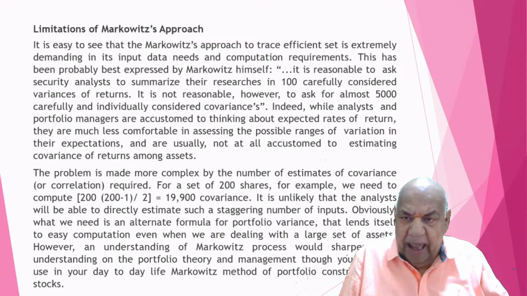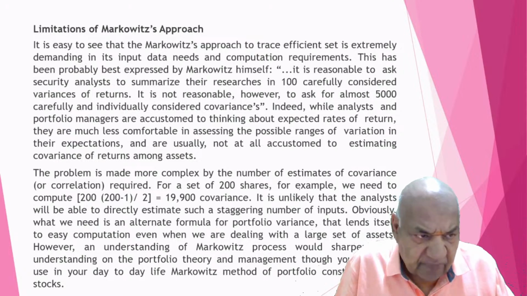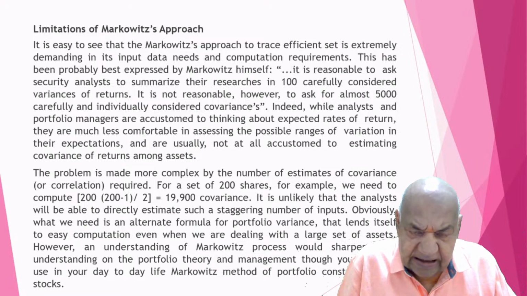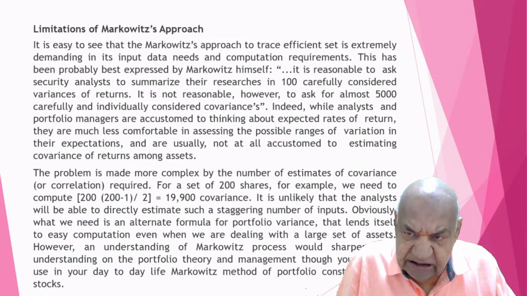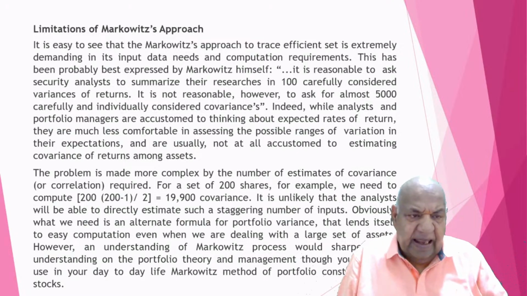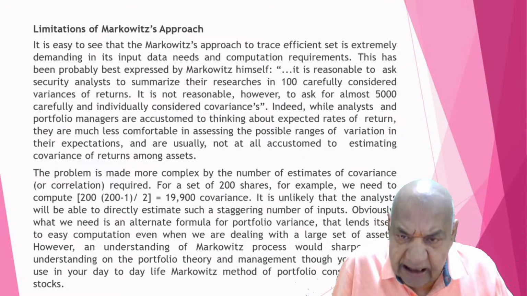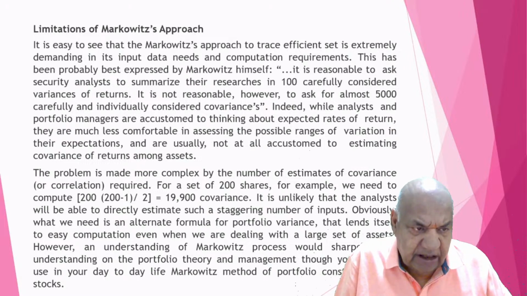Indeed, while analysts and portfolio managers are accustomed to thinking about expected rates of return, they are much less comfortable in assessing the possible ranges of variation in their expectations and are usually not at all accustomed to estimating covariance of returns among assets.